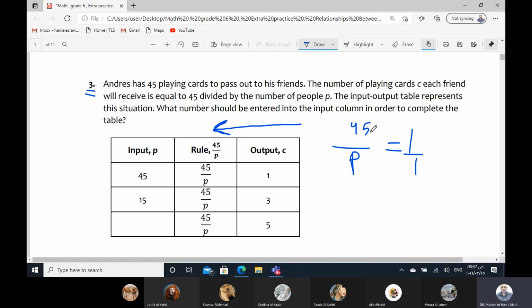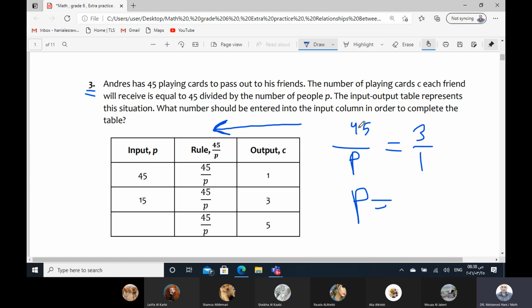We can do a cross product because here we have a proportion. 45 times 1, 45. And 1 times B equals B. So the answer will be 45. Suppose here the output equals 3. How to find the value of B?